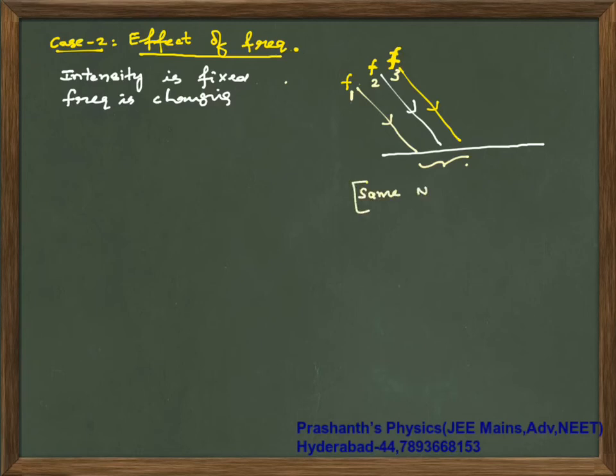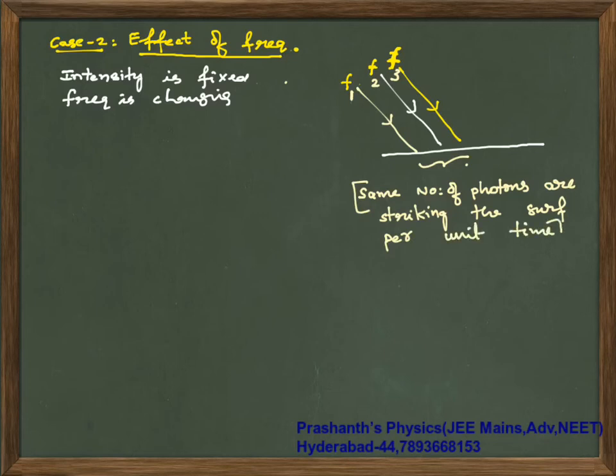Indirectly, what is happening is that the same number of photons are striking the surface per unit time, per unit area. So intensity fixed is the actual meaning, but your frequencies are different.